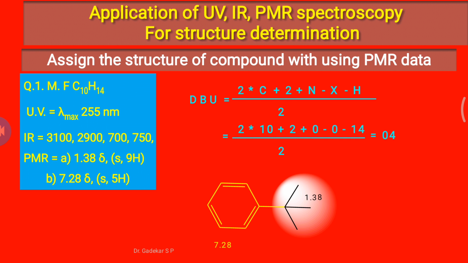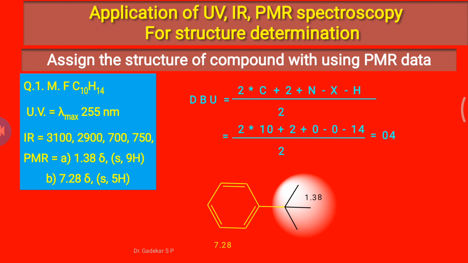Next, the PMR information. The first signal is observed at 1.38 delta, a singlet for 9 hydrogens, and the second signal at 7.28 delta, a singlet for 5 hydrogens.